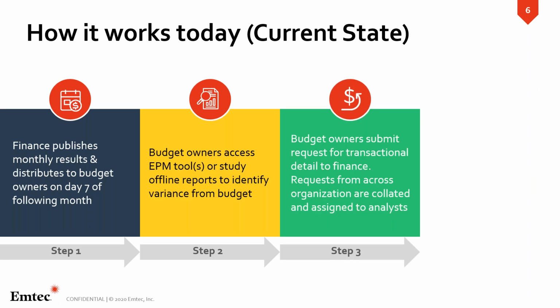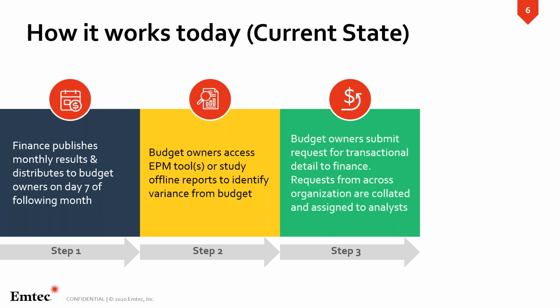Remember, those numbers that are published, the actuals and budgets, are usually published at a summary level. So then where the budget owners identify a variance that they need further explanation on, those users are contacting finance with requests for the transactional details. Now, at an enterprise level, finance is fielding questions from multiple department managers or budget owners about what could be multiple variances.